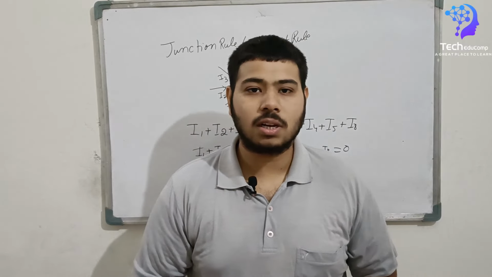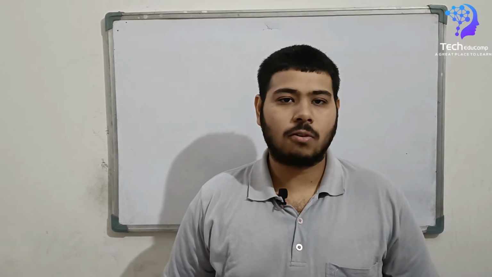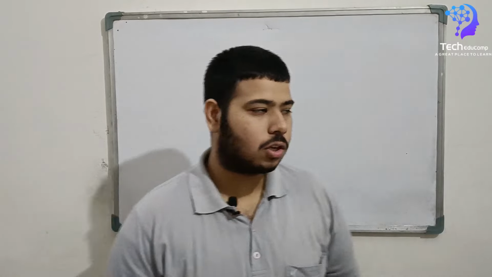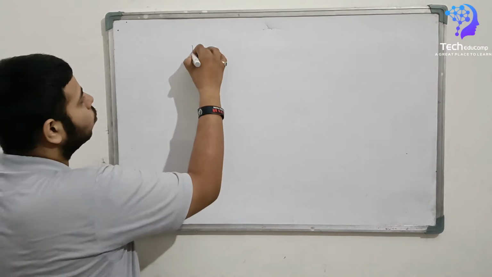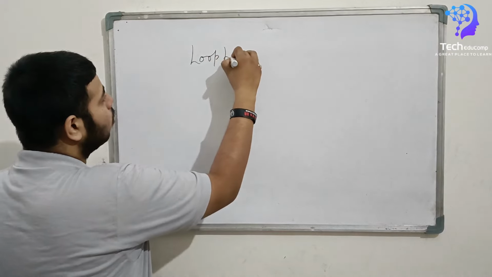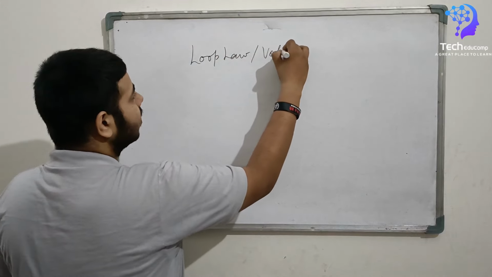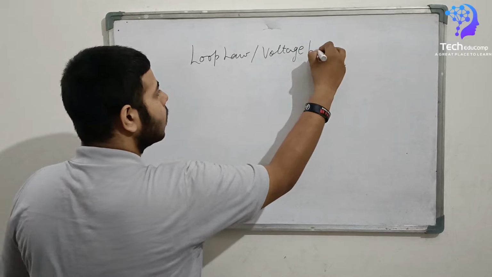So let's move on to the voltage rule. Let's talk about the other Kirchhoff law, that is Kirchhoff's voltage law, or you can say it's the loop law or voltage law.